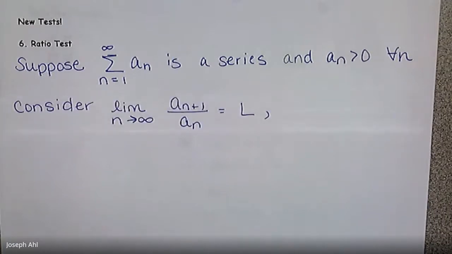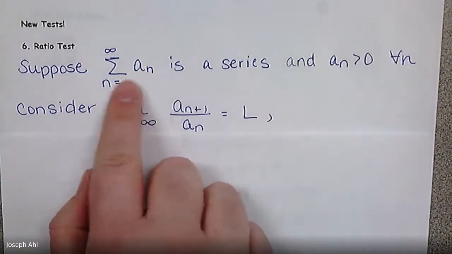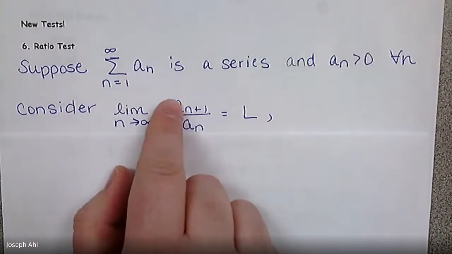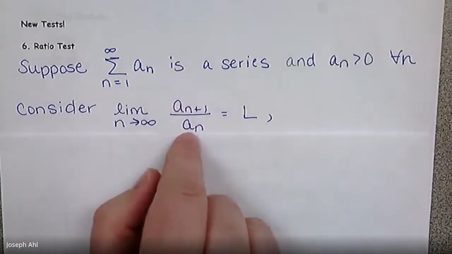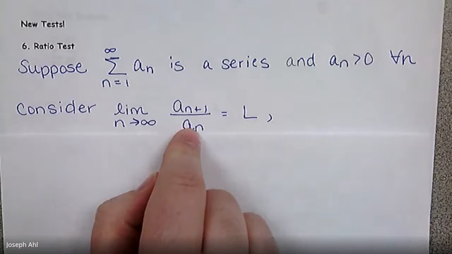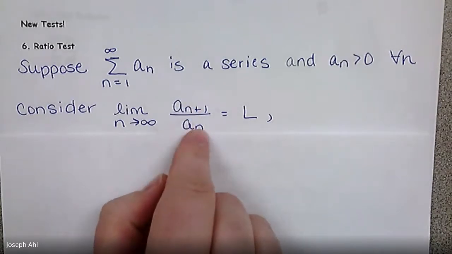What we're going to do is consider that the limit as n goes to infinity of a sub n plus 1 over a sub n equals L. So we're going to take our sequence within our summation here, and consider a sub n plus 1, the term beyond the nth term, plugging in n plus 1, and then dividing it by a sub n.